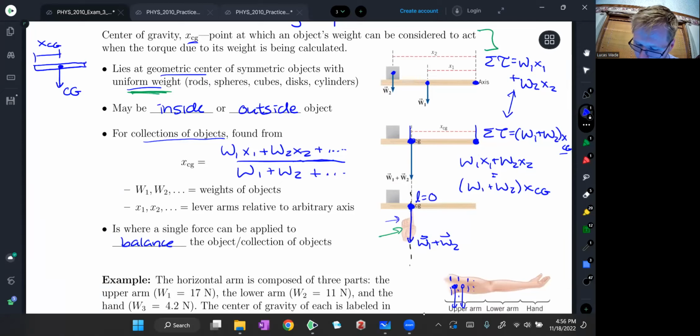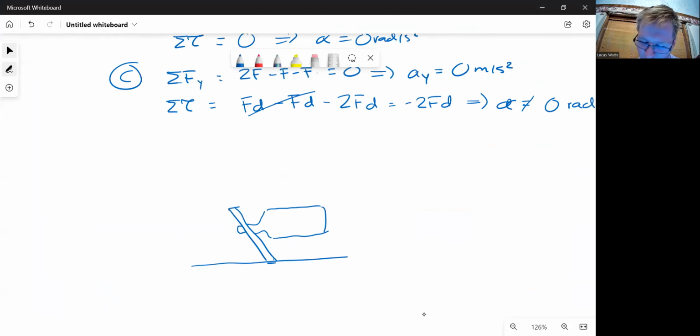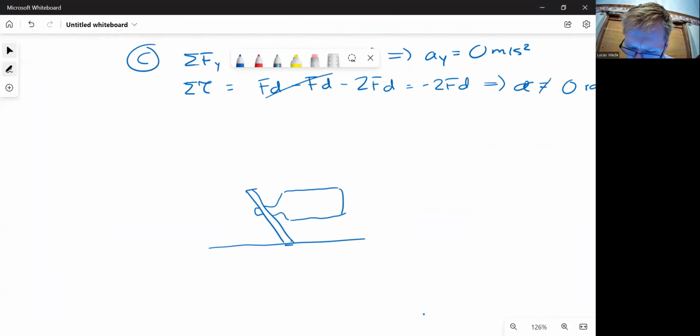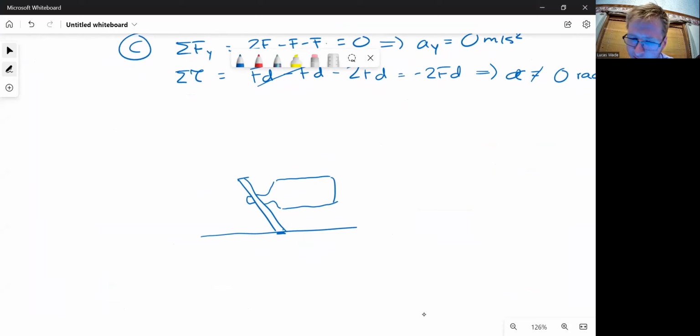So over here, very similar idea: if this system is supported at its center of gravity, it won't produce any torque around that point because the center of gravity is the axis of rotation. Here, our axis of rotation would be right there.